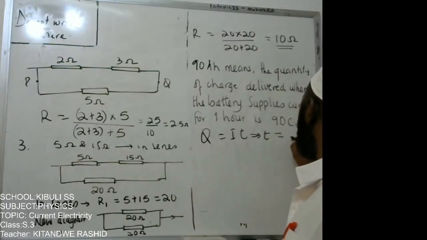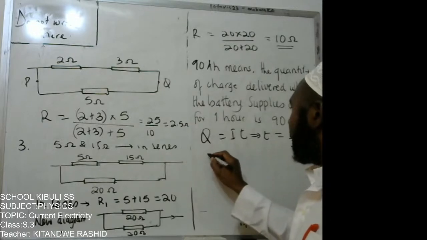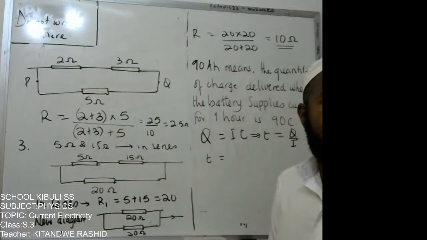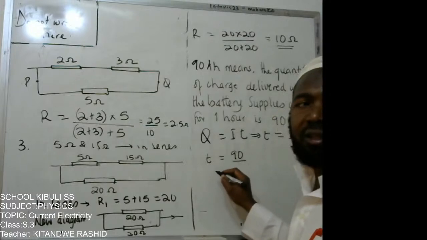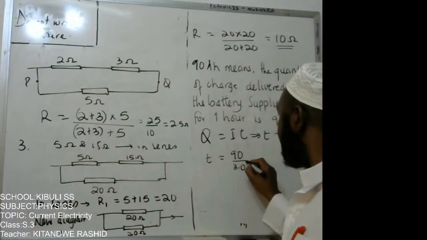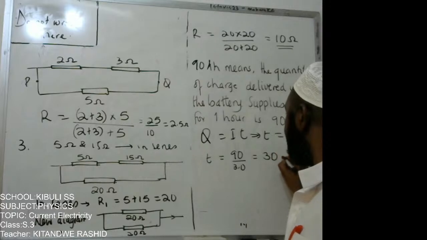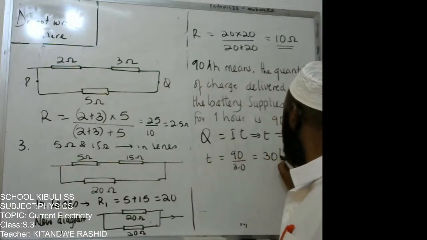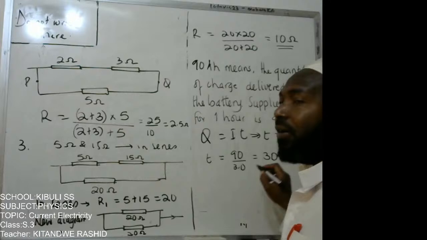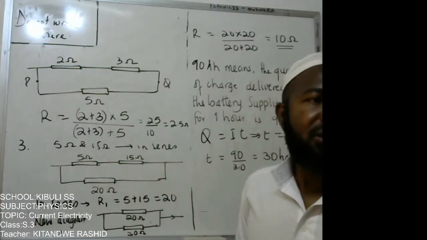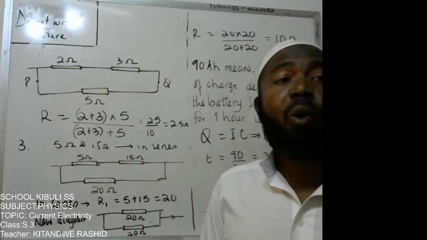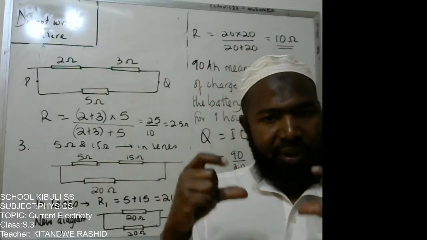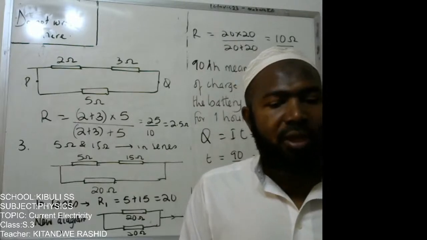T is now going to be Q over I. According to our question, the charge was given to be 90, and the current was 3 amperes. So therefore this was 30 hours. And we maintain hours because the 90 was ampere hour.